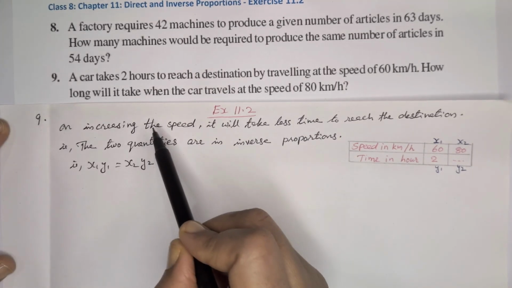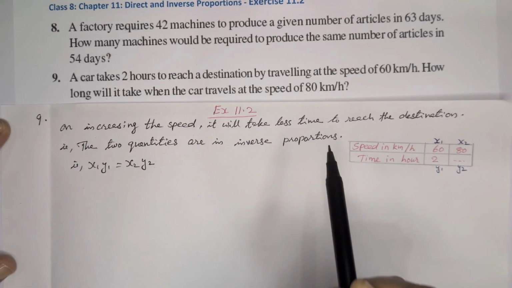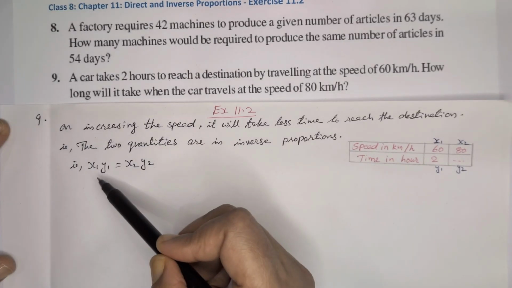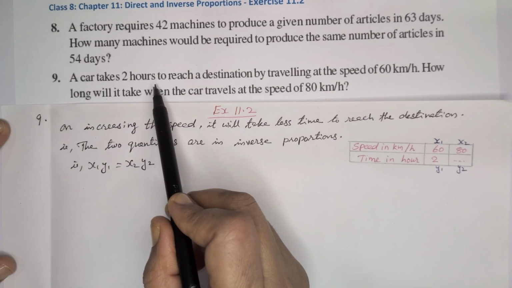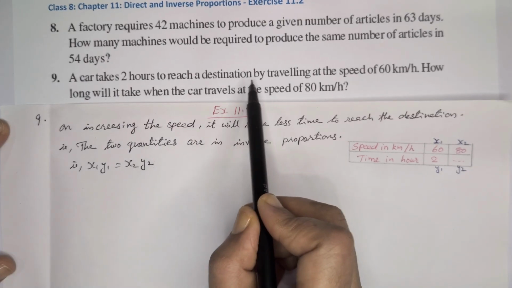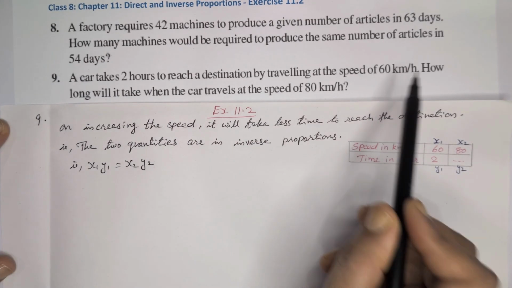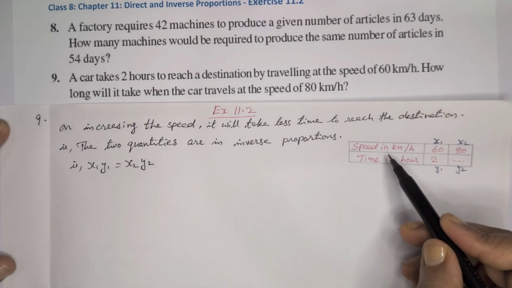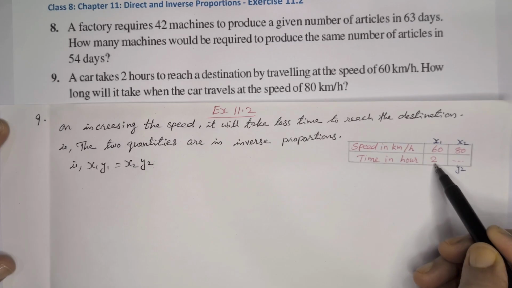That means speed and time here, both the quantities are in inverse proportion, which means x1 y1 is equal to x2 y2. Here 2 hours will be the time to reach the destination if the speed is 60 kilometer per hour. So we can write speed in kilometer per hour, that is 60, time in hour, that will take 2.